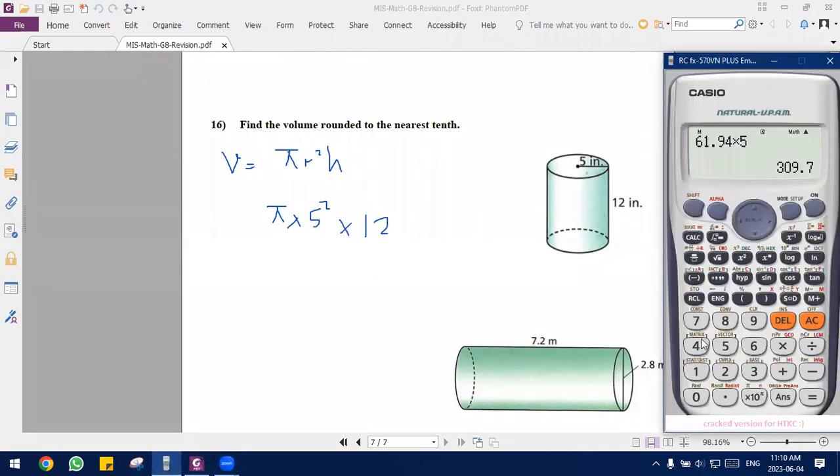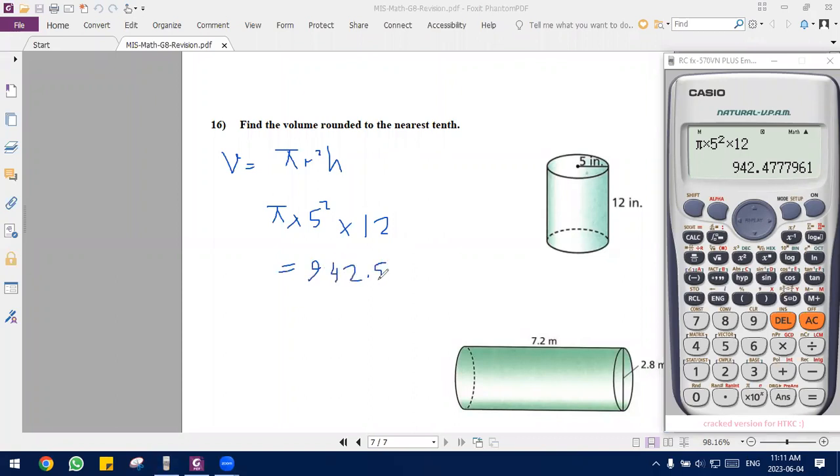Bring the calculator. Pi times 5 squared times 12. It says round to the nearest tenth. It means the first digit after the decimal. 942.5. Unit inches cubed.